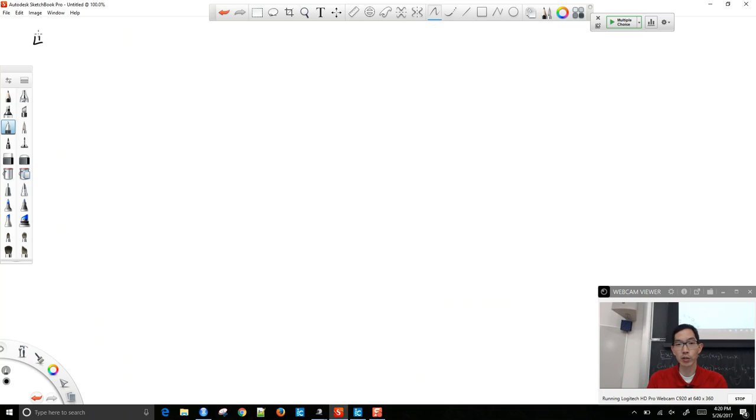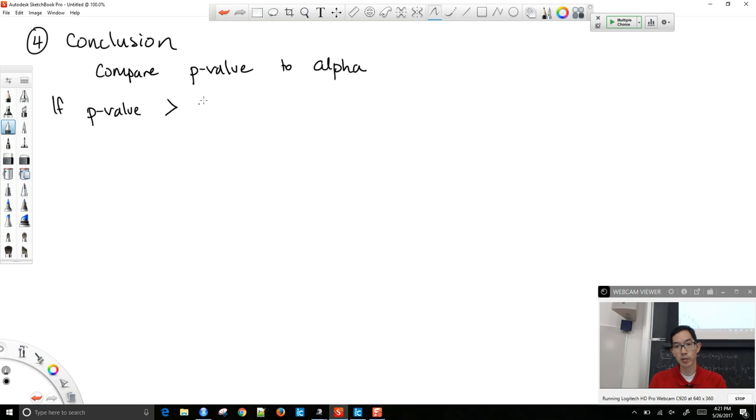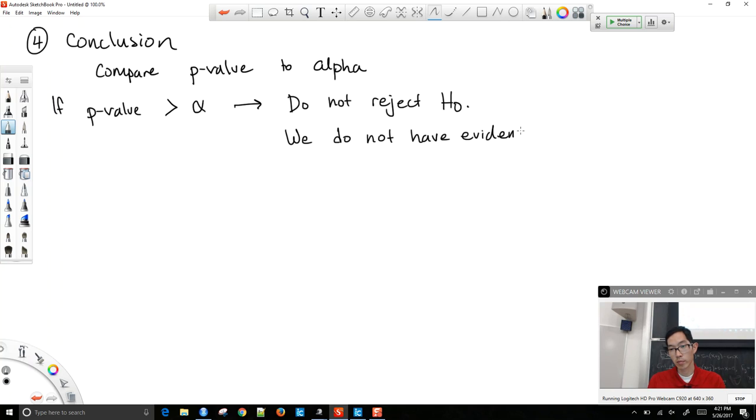And then the last part, to make our conclusion, we compare the p-value versus what? To the significance level alpha. If the p-value is greater than alpha, what does that mean? This means we do not reject the null hypothesis. The interpretation would be we do not have evidence that P1 and P2 are different.